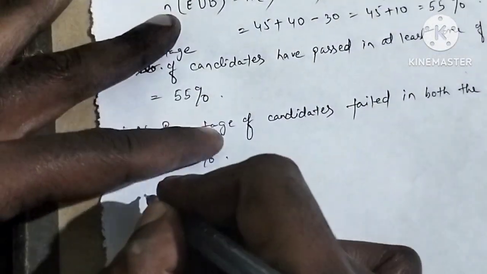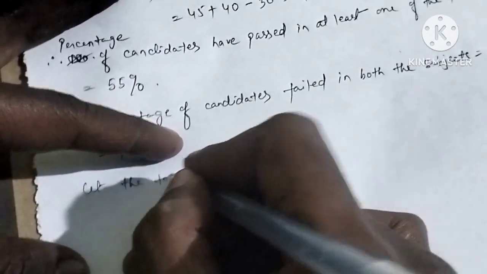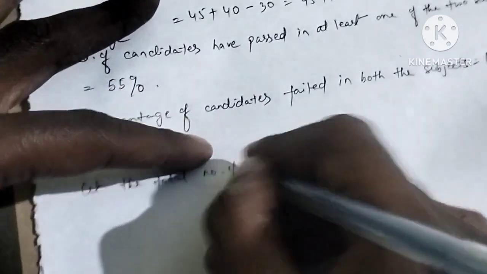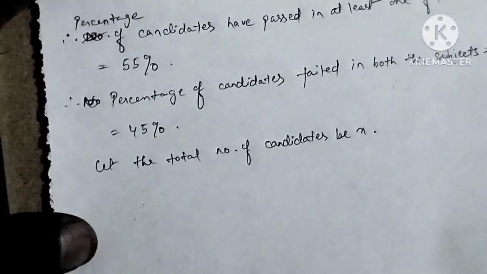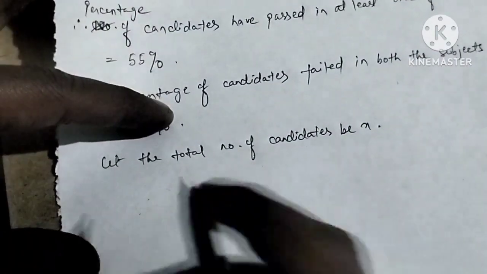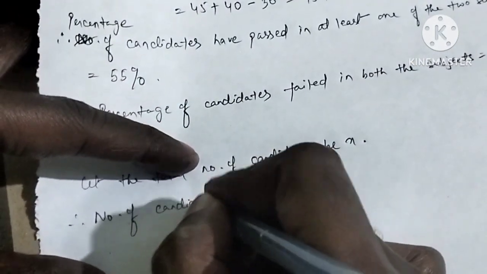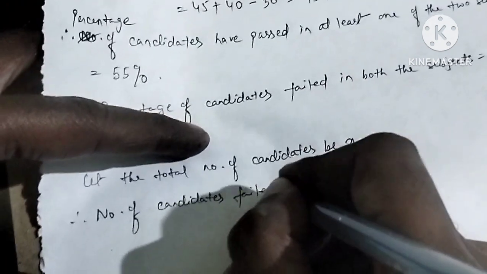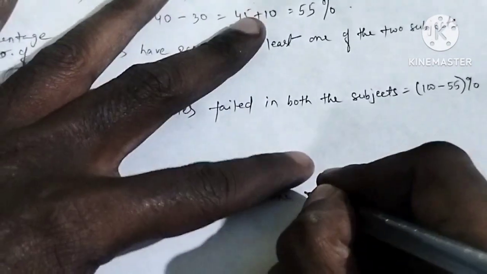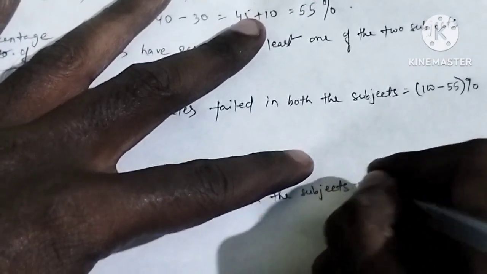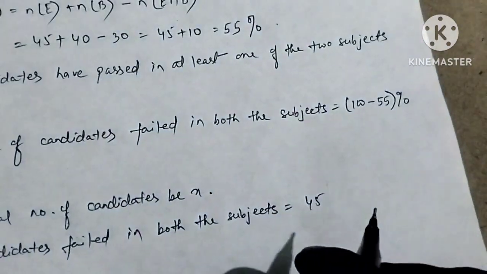So let the total number of candidates be X. 45% candidates have failed, therefore the number of candidates failed in both the subjects is 45%.